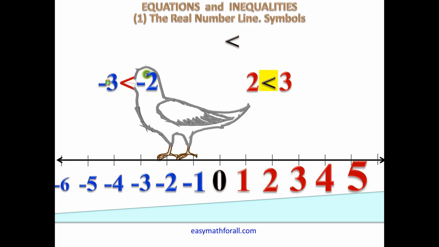Our expert rejected the first symbol, and the second one worked very well. Now we are sure that our symbol is correct. It shows that -2 is greater than -3, or we can say -3 is less than -2.